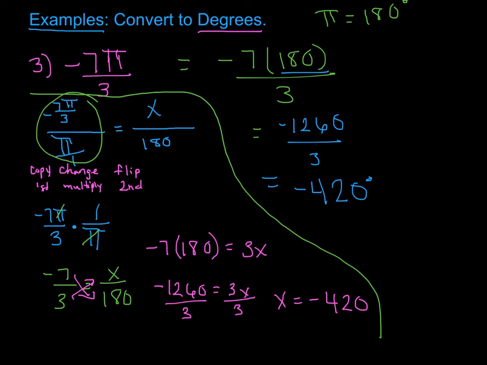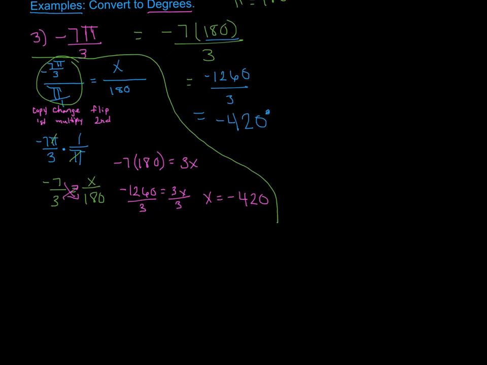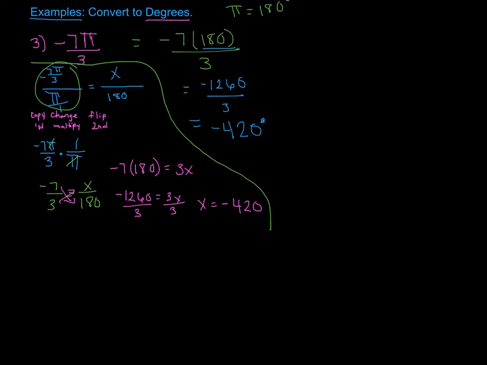And you should always have your little degree symbol if it's a degree measure. So we'll do one more quickly, and then you're going to do a couple on your own. And we're going to do it the easier way.